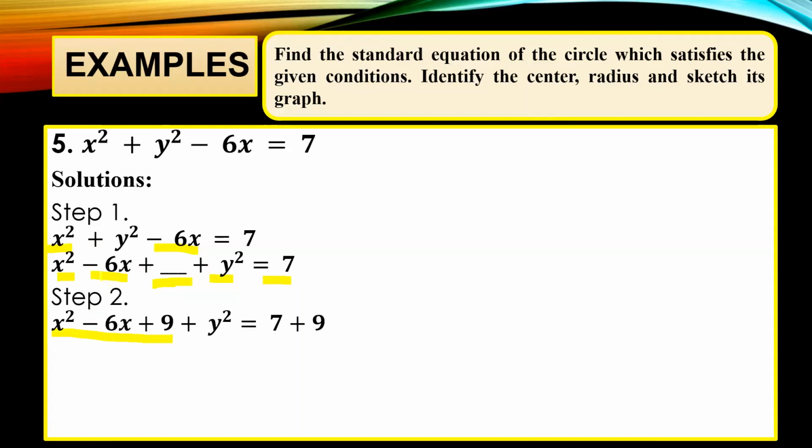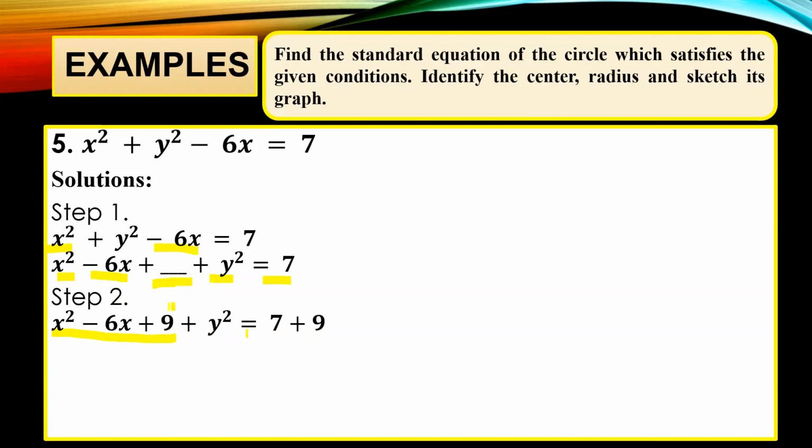Why 9? That is −6 divided by 2, that is −3. The −3 times −3 is +9. Therefore, this one is plus 9. Plus y squared equals 7 plus 9.